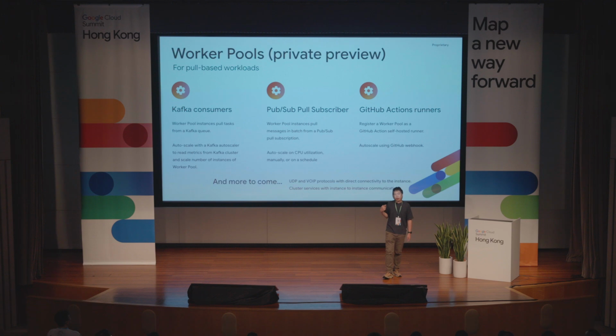Another use case is Pub/Sub, where you can have a Pub/Sub pull subscription, and then the worker pool instances will just pull the new messages from that, and we can trigger this kind of worker pool from a scheduler, like Cloud Scheduler, or you can autoscale based on CPU, or you can manually do it. And there are more and more use cases coming along the way towards GA later this year.